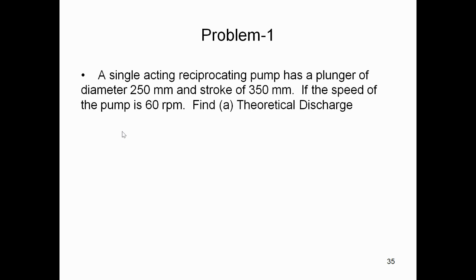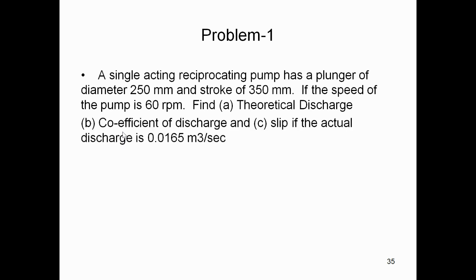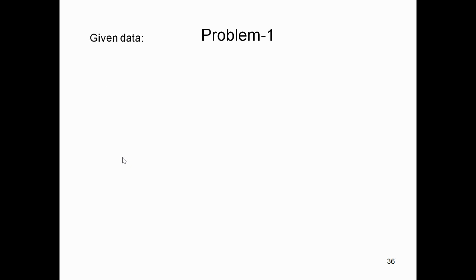If the speed of the pump is 60 revolutions per minute, find the theoretical discharge, coefficient of discharge, and slip if the actual discharge is 0.0165 meter cube per second. This is the given question.